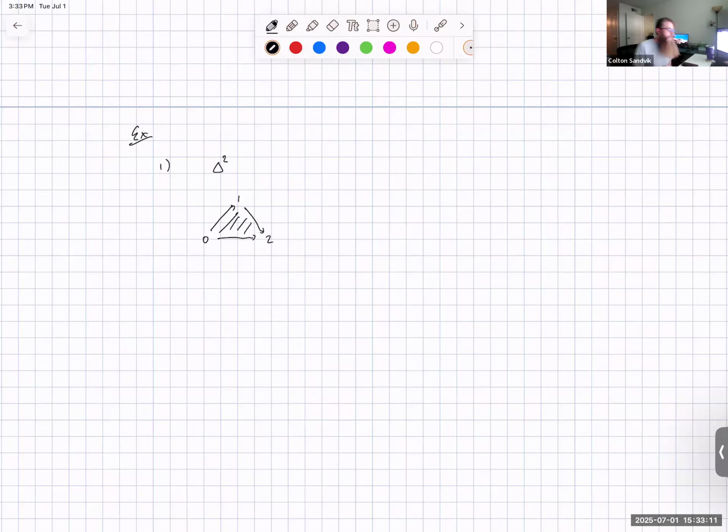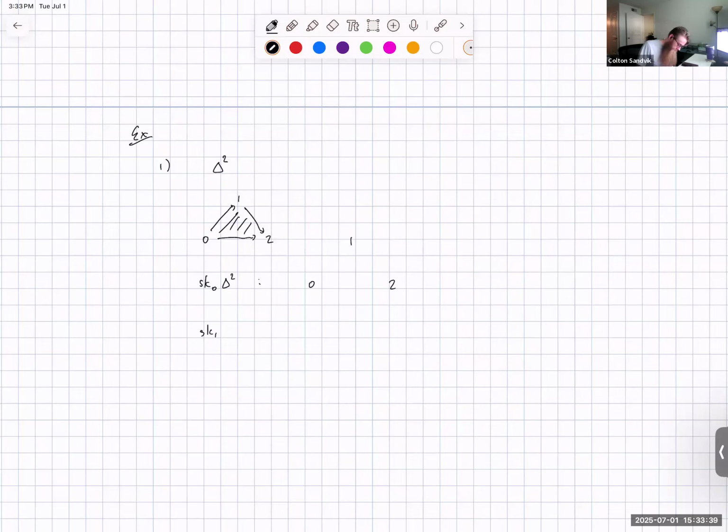It consists of three zero faces, three one-faces and one two-face, and the skeleton is exactly how I described before. So the zero skeleton is just going to be these points. So it's just a disjoint union of three zero simplices.